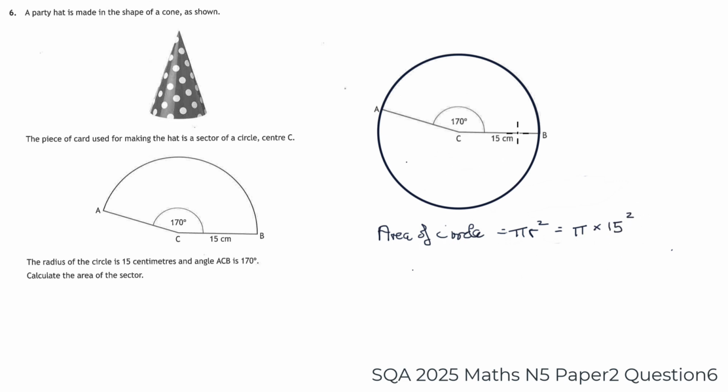But this is not the area of a whole circle. The angle at the centre is 170. Now the complete circle has an angle of 360 degrees at the centre.